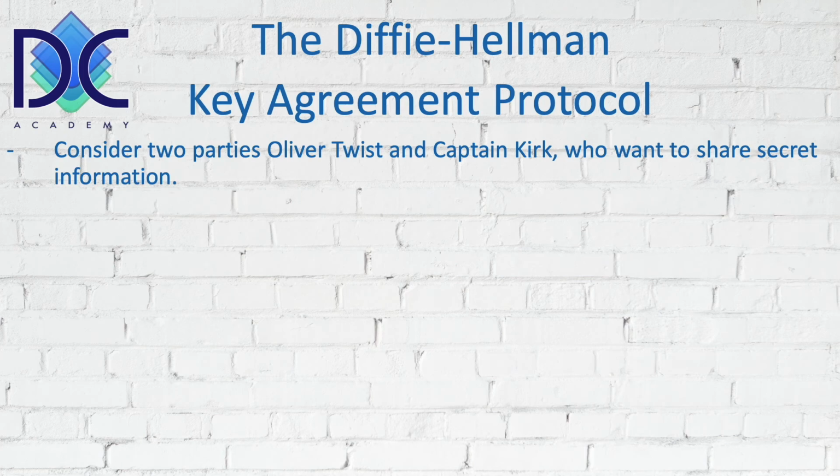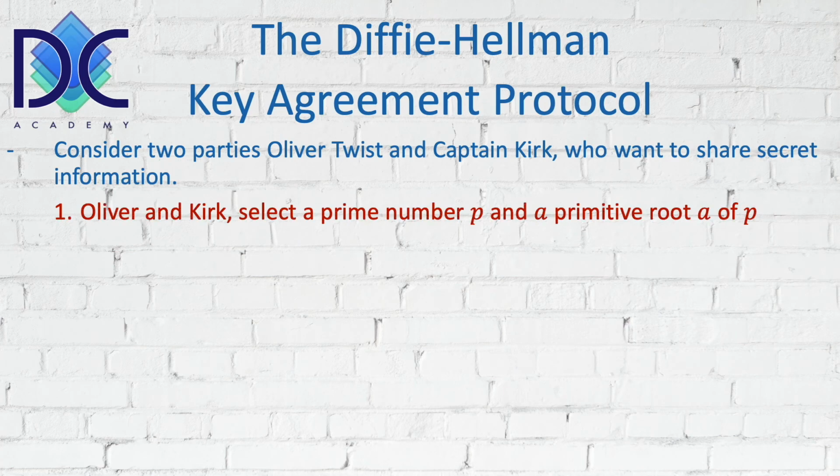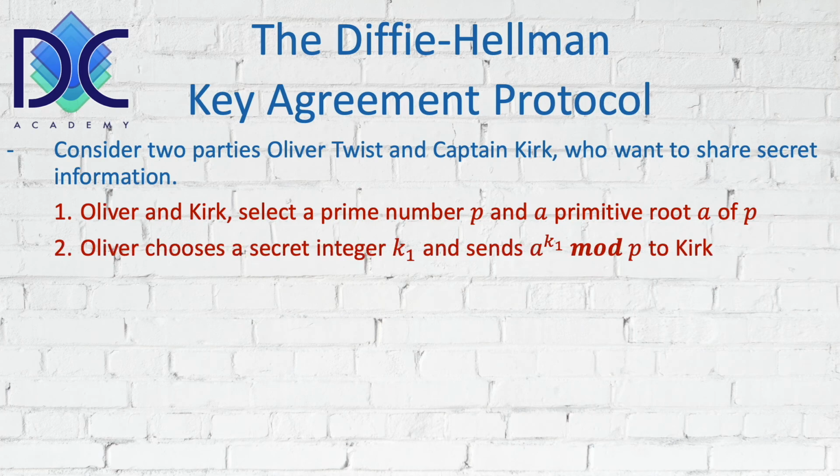Let's look at two parties. I call them Oliver Twist and Captain Kirk, who want to share secrets of the Federation. First of all, Oliver and Kirk select a prime number p and a primitive root a of p. So basically they have those two numbers, and those two numbers are known by both of them.